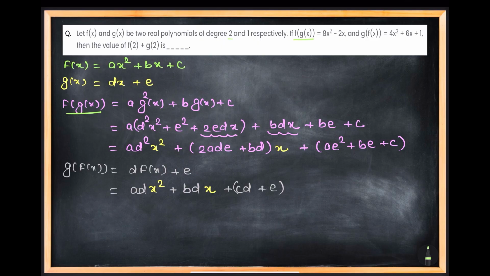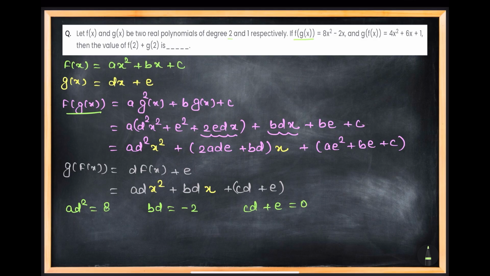We'll compare the coefficients. So can we write ad square is equal to 8? I am comparing the x square. Now I'll be comparing the coefficient of x. Coefficient of x is bd. According to x this is minus 2. Okay. Now the constant component is cd plus e equals 0.